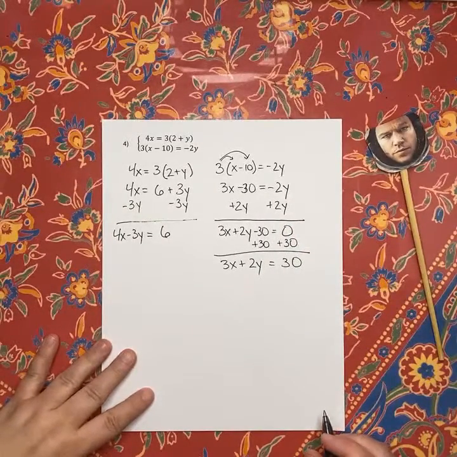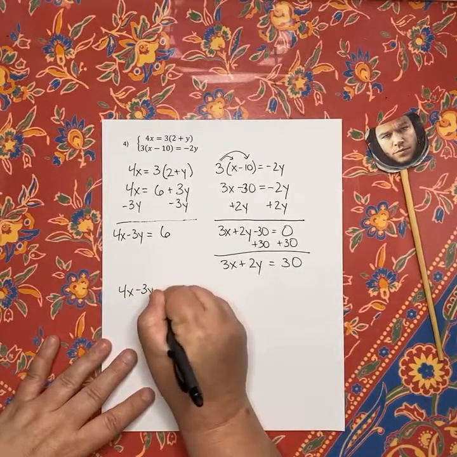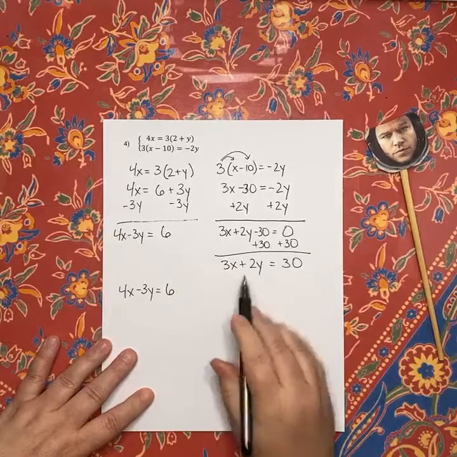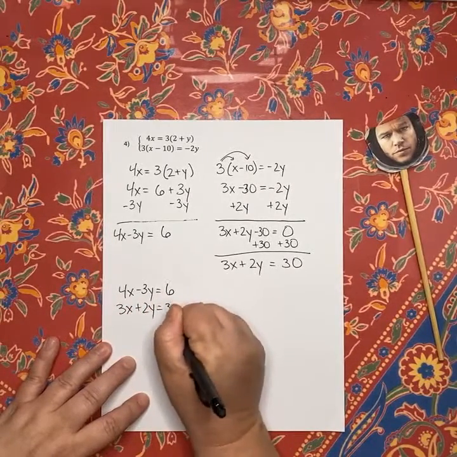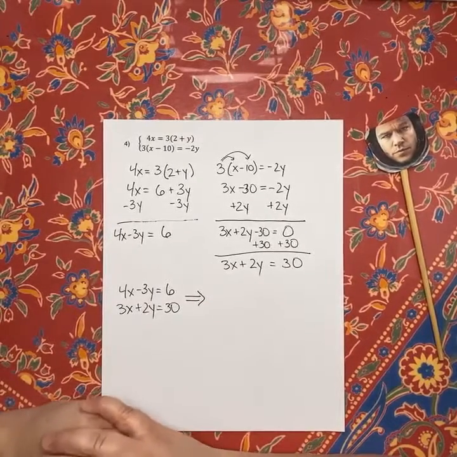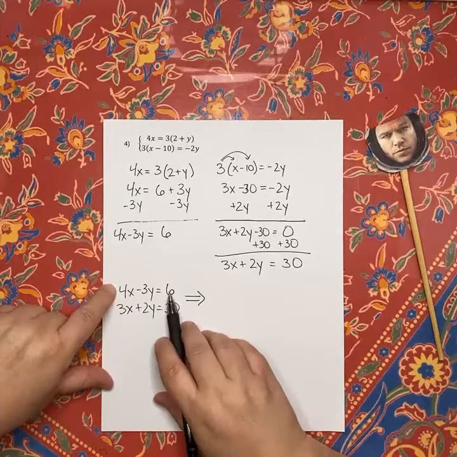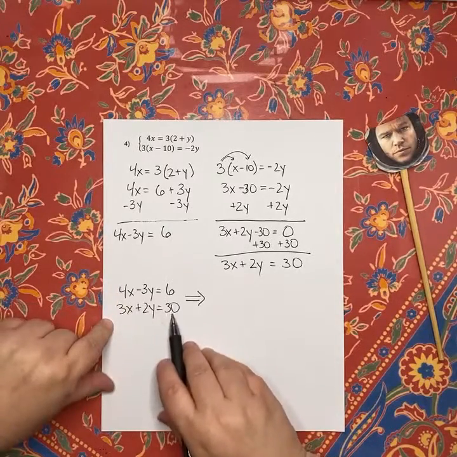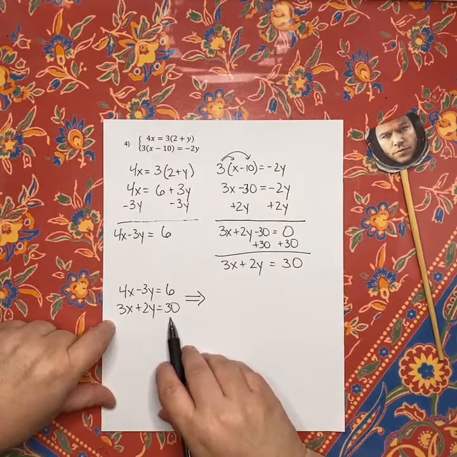So elimination says I take the two equations, 4x minus 3y equals 6, and 3x plus 2y equals 30. And I think about what I could do to multiply everything here by one number and everything here by another number so that something would cancel.